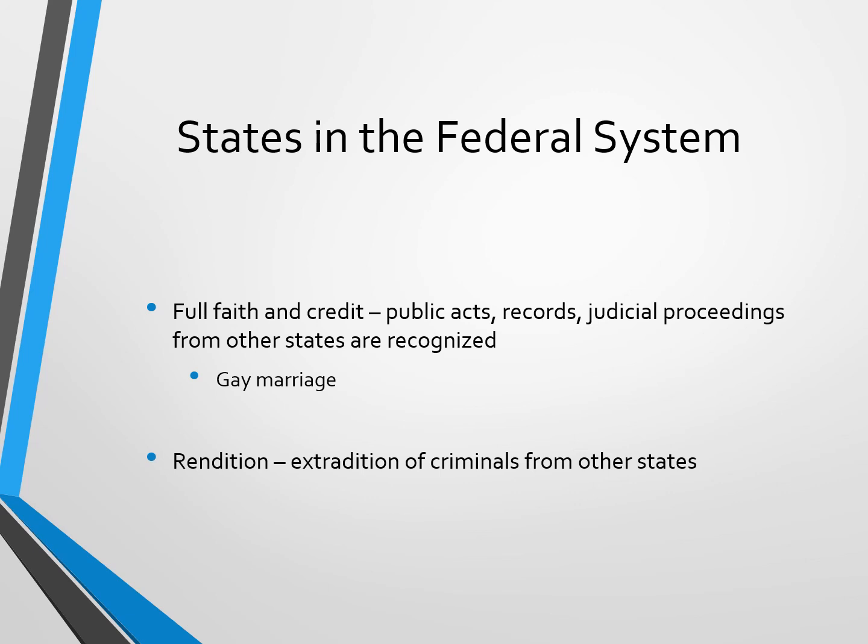Then the state, and specifically the governor, has the right to ask for that prisoner or perpetrator to be extradited back to this area. You've heard the term extradition, I'm sure, but it's also called rendition. So bring him back so he can stand trial here: extradition of criminals from other states back to Texas.